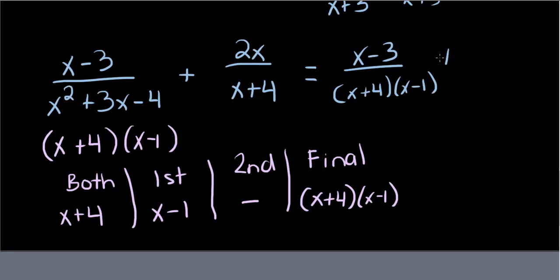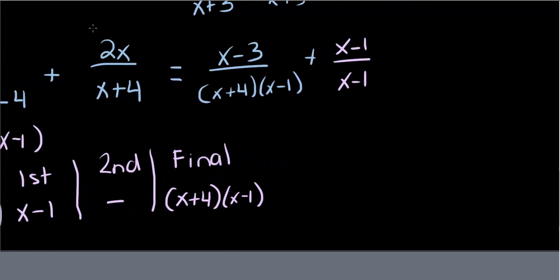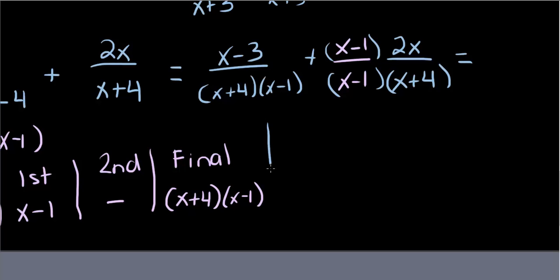And the second one is going to be plus, what do I need? Well, I need the x minus 1, so that means that I have to multiply both the numerator and the denominator by x minus 1, and then I multiply by the fraction, which is 2x over x plus 4. And I'm going to put everything in parentheses. So what do I get?